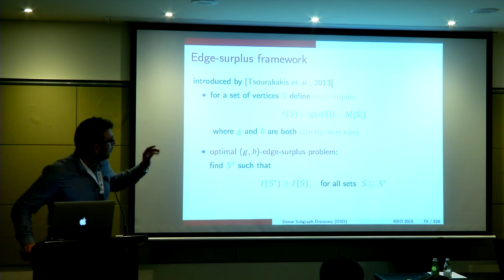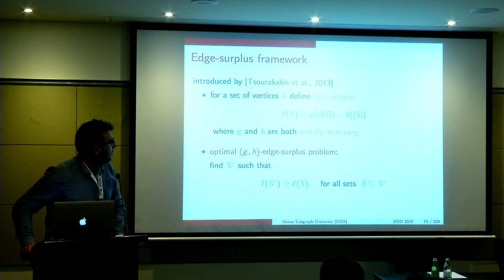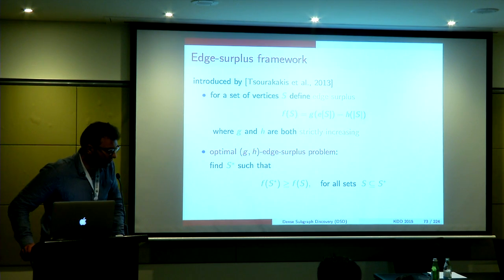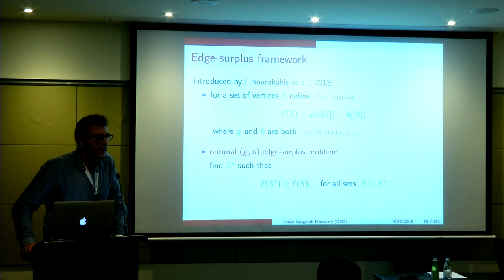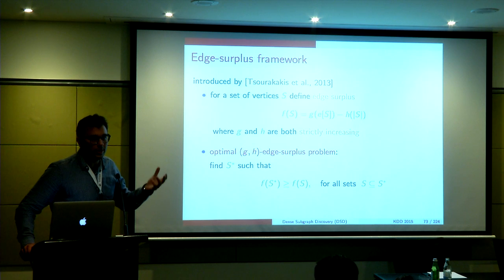What we're going to define is a function f, which, as you can see here, is the sum of two functions, g and h. The first function g takes as argument the number of edges induced by the set S, and the function h takes as its argument the cardinality of the set. Intuitively, what we would like in many applications is a function g that rewards the more edges that we have.